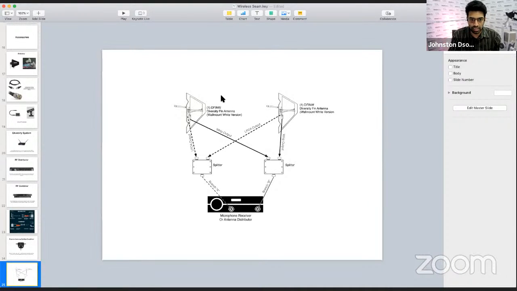Antenna B also has 2 outputs. Now they have 2 splitters here. So what they do is antenna A का एक output एक splitter में जाएगा, दूसरा output दूसरे splitter में जाएगा. Antenna B का एक output एक splitter में जाएगा, दूसरा output opposite वाले splitter में जाएगा. And then they both will go into the receiver.